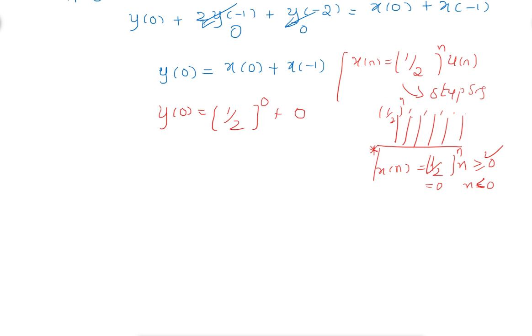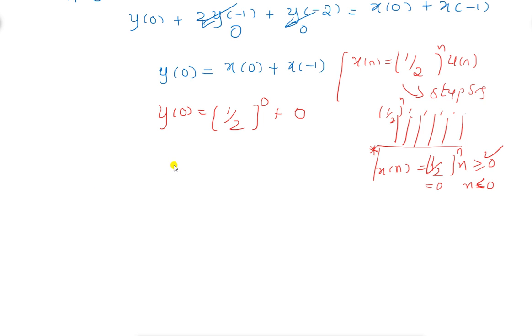We need to understand the step signal and the input condition, and according to the input condition we need to consider those values only. That is very important.